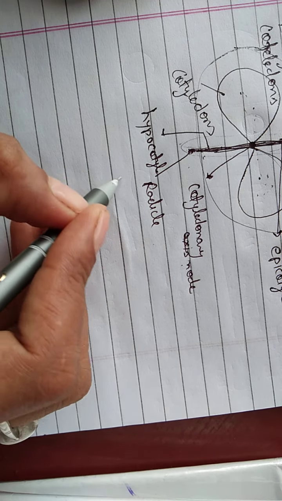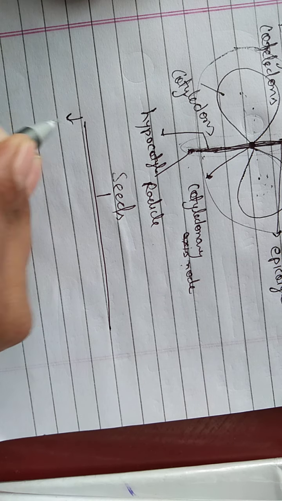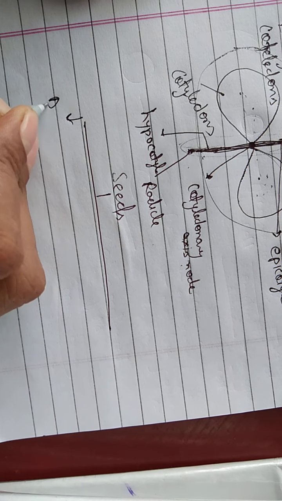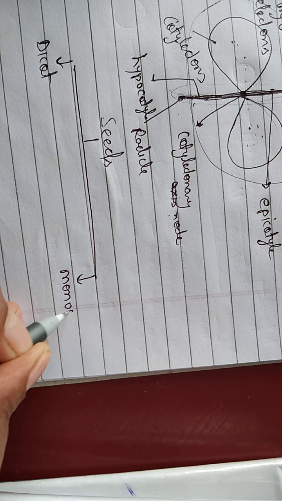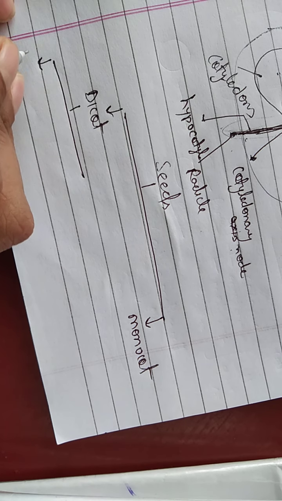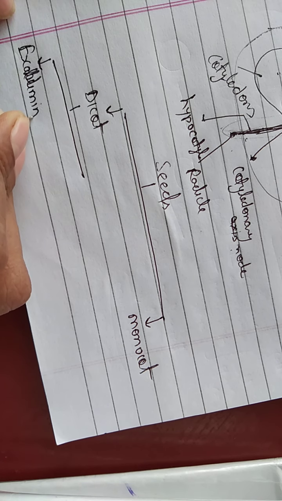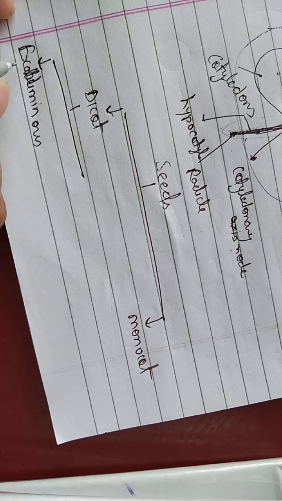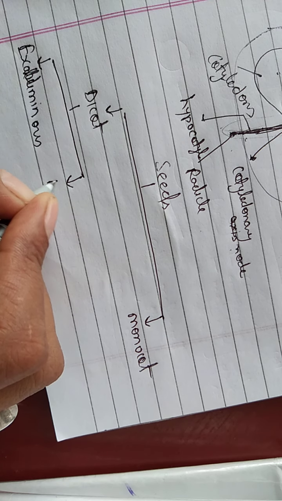So we just see the seed. It is also divided into two parts, dicot and monocot. And dicot and monocot seeds are further divided into exalbuminous and albuminous.